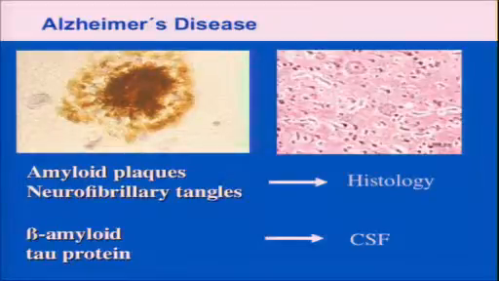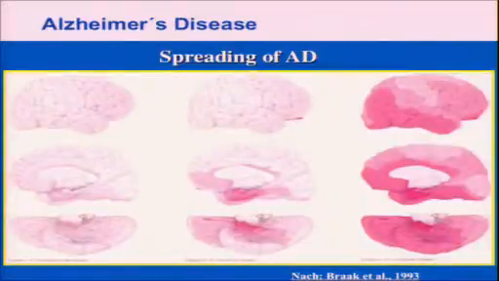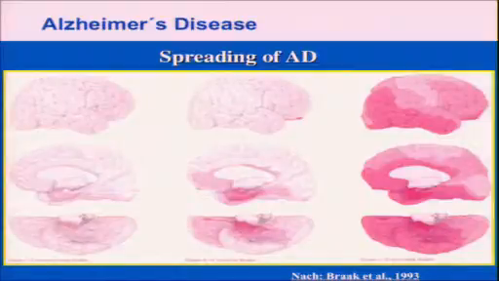So the disease has burned out already, and there's no more window for treatment. So it is important for us, and imaging plays a role here, to detect patients with higher risk for Alzheimer's disease or a neurodegenerative disease as early as possible. That doesn't mean we need to screen all patients, but from a clinical standpoint we need to be sensitive, and a patient should undergo a diagnostic test early.